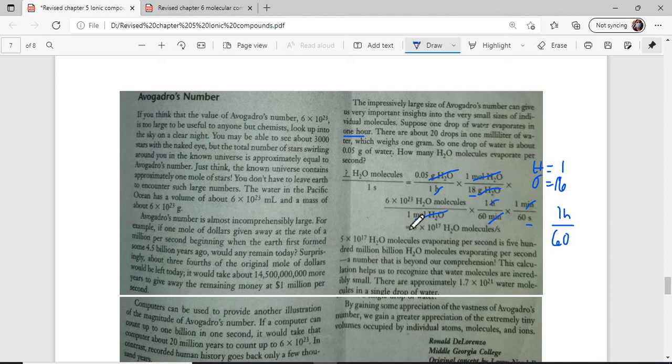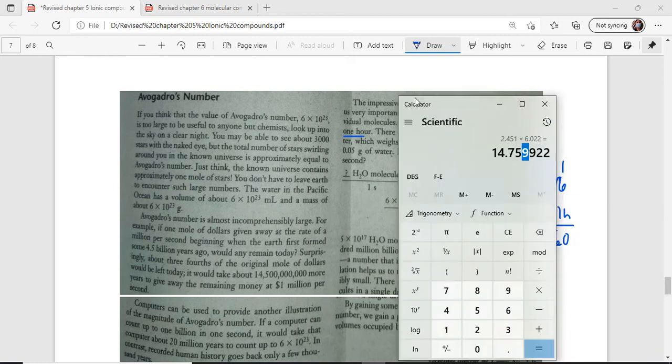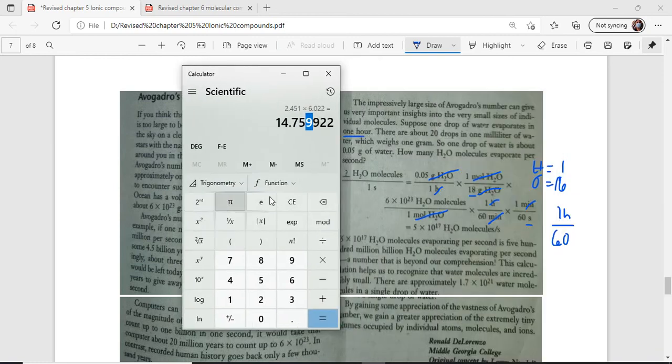I can't compute this without the use of our calculator. So you have 0.05 over 18 times 6 times 6. Times 6, it is 0.3.